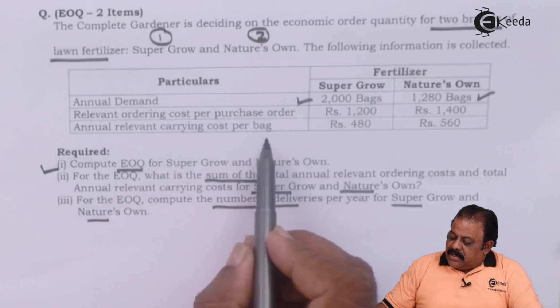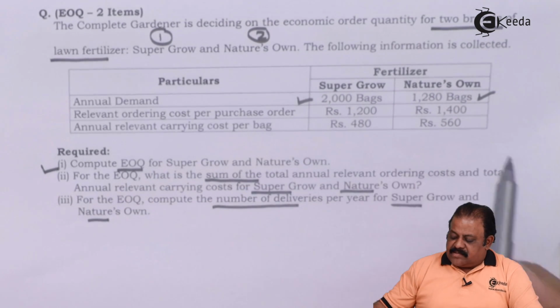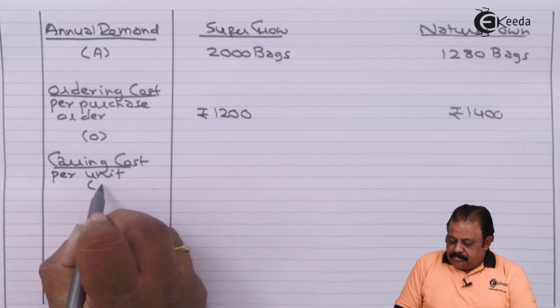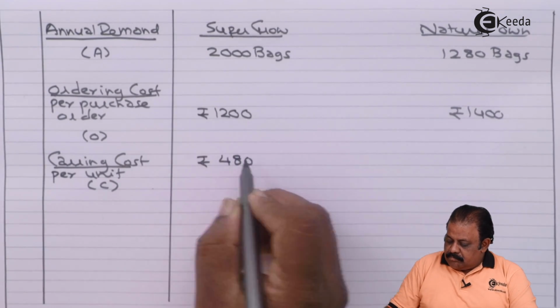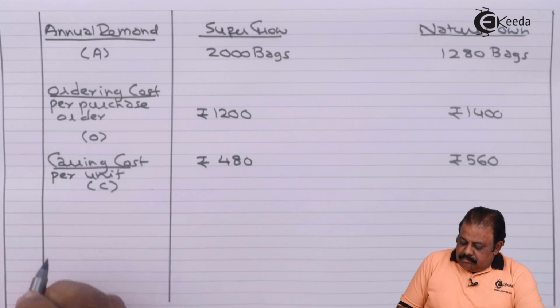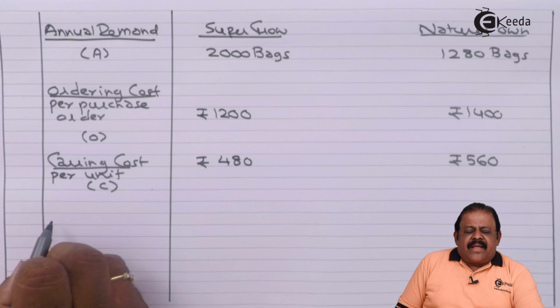Annual carrying cost per kg 480 and 560. With this we can calculate now economic order quantity.